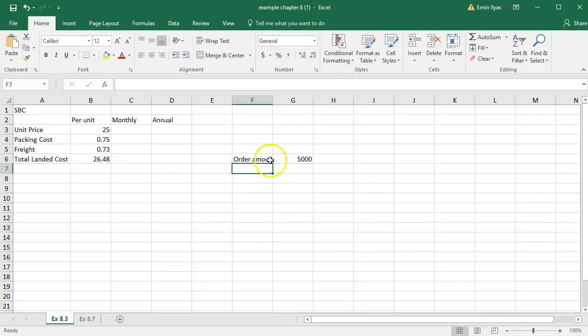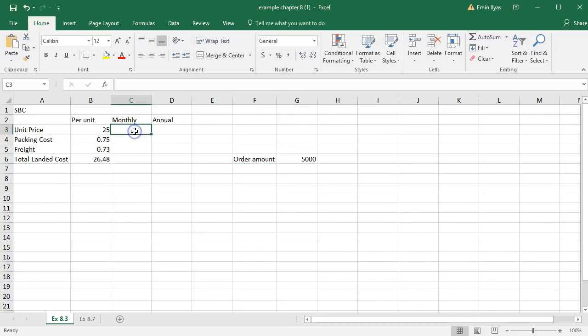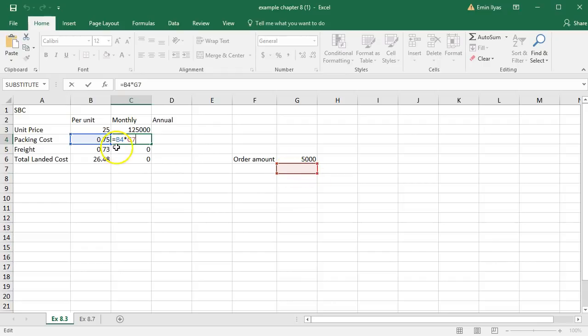Then I will come to monthly cell and type equal cost per unit times number of units, and drag it down. Whoops, I made a mistake. Actually, I'm supposed to fix this cell, otherwise my formulas here will refer to other cells. Just fix it here and drag it down.